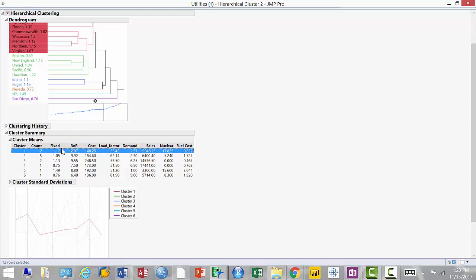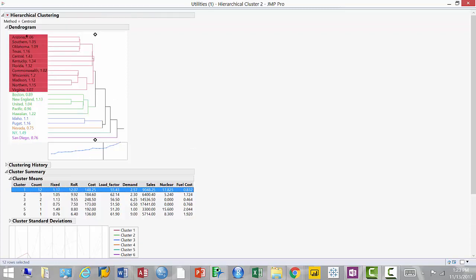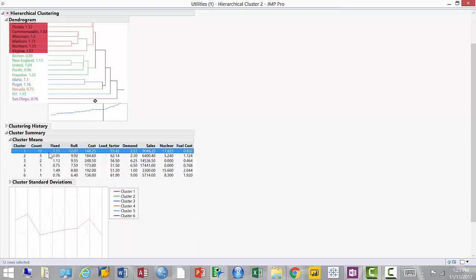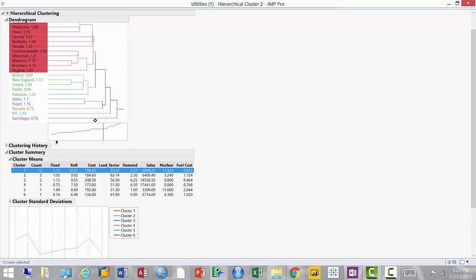These numbers essentially represent the averages. So they tell you that cluster number 1, for example, has an average of 1.17 as far as this first column, fixed, is concerned. If I take all of these companies grouped together and average out their fixed values, I'll get 1.17. So you can see that it's all over the place.